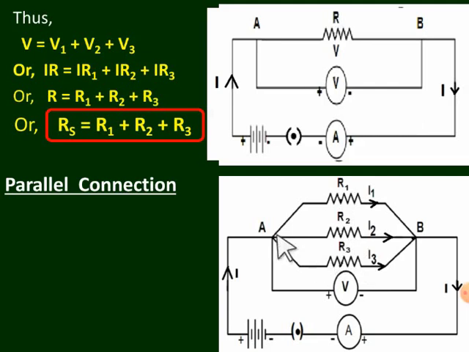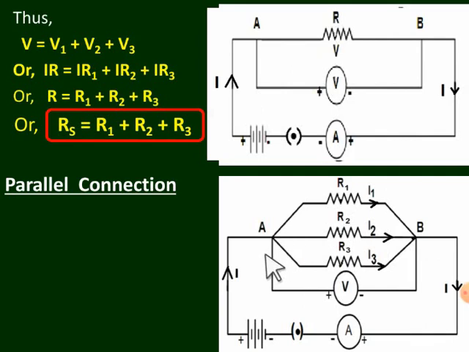Got it? So the same potential difference across the different resistors. In the case of series, it was the same current flowing. Here it is the same potential difference across different resistors connected in parallel. But again, in the case of series connection, the total potential difference is equal to the sum of the potential differences across the different resistors. V is equal to V1 plus V2 plus V3, right?